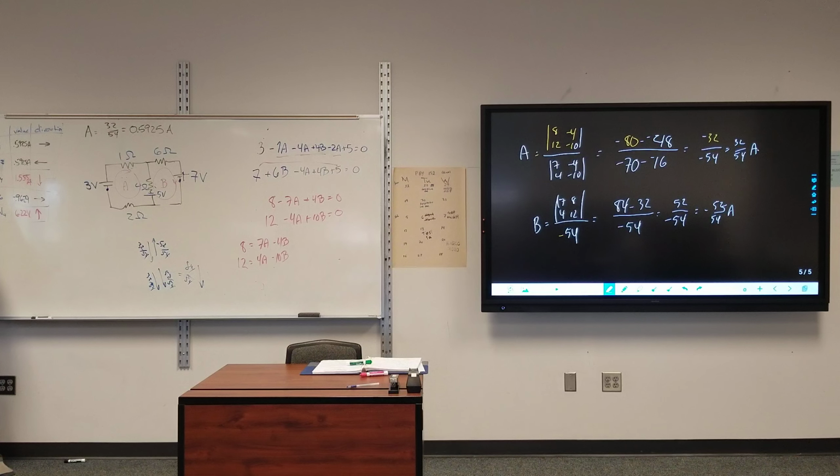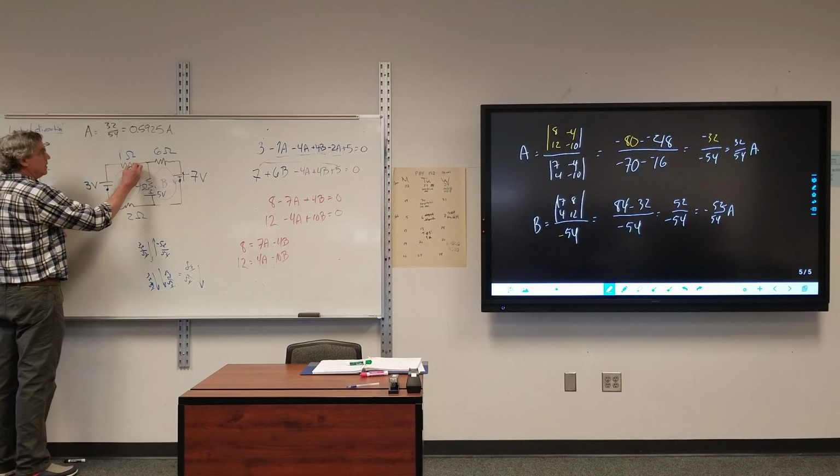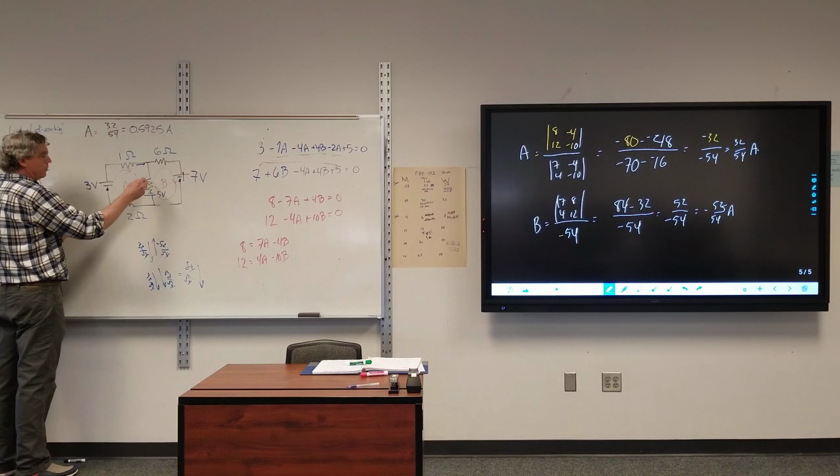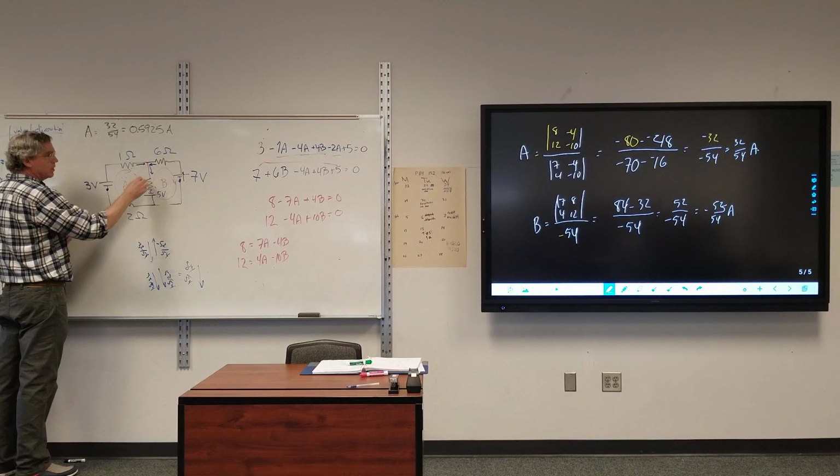I do want to point out that even though plus and minus make a difference, these are not vectors. These are scalars. The main reason why it's a scalar, not a vector, is I have current flowing this way, this way, and that way.